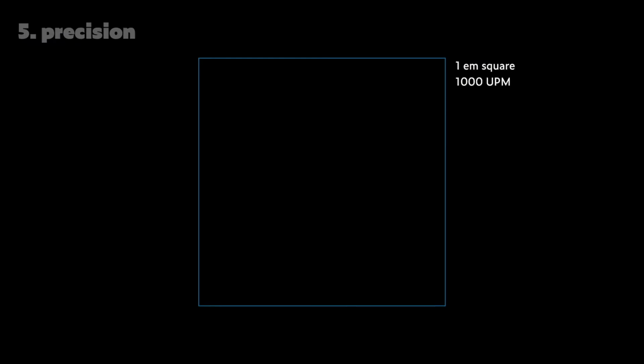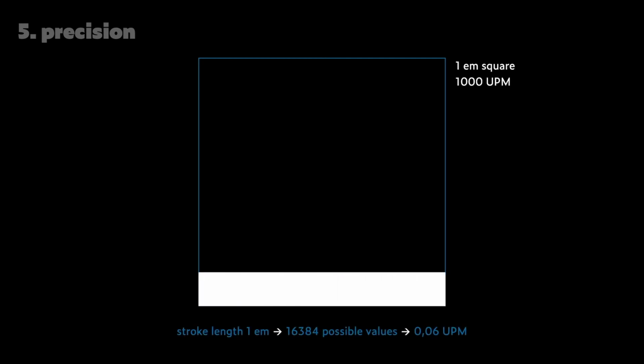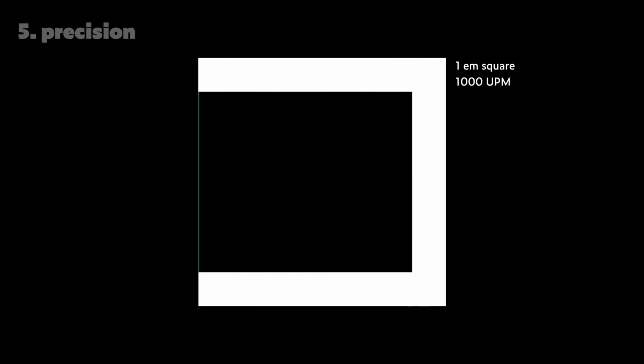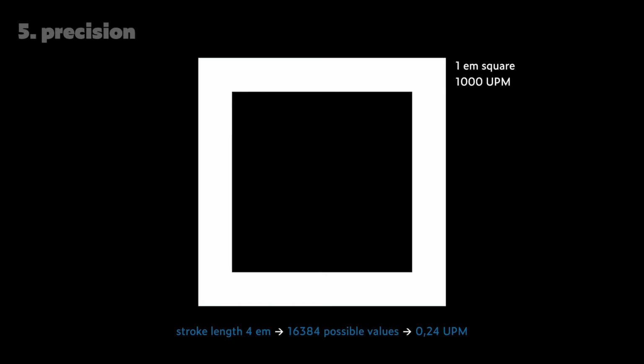Yeah. So a simplified illustration of the problem is that if you have a stroke of like this long, then there are 16,348 possible values in between. But if the stroke is much longer, like this, then every step you have as a possible value will be much bigger, of course.